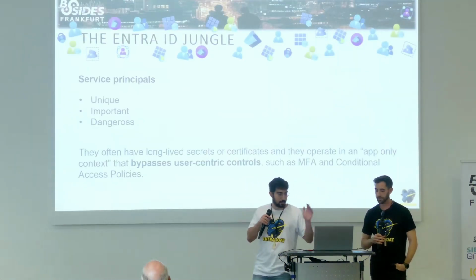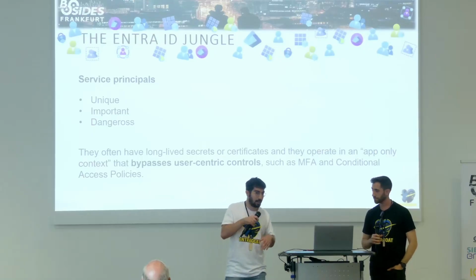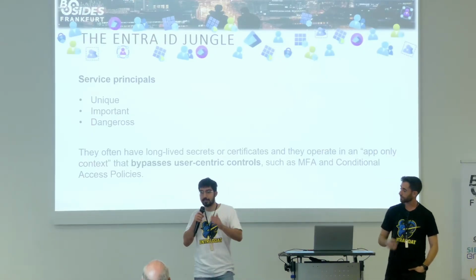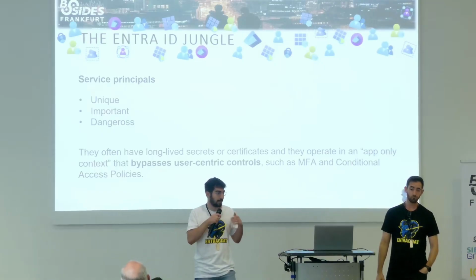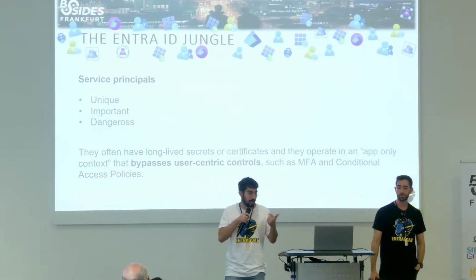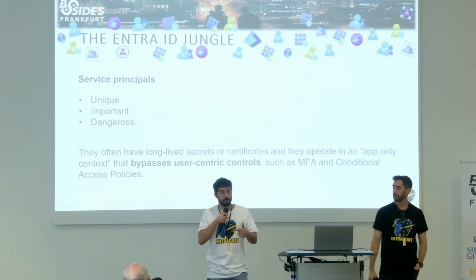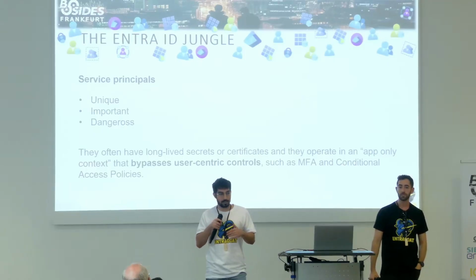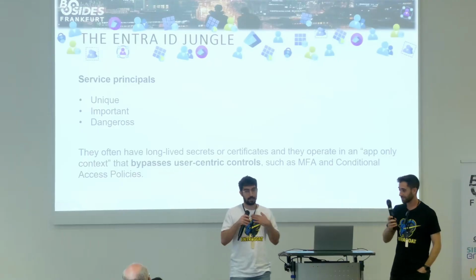They usually have long-lived passwords and certificates that you can use to authenticate as the service principal, and they operate differently than users. They operate in an app-only context, and it lets you bypass security controls like MFA and conditional access policies. And for those of you who don't know, conditional access policies are like GPOs in Active Directory. It's a very big thing, in our opinion.